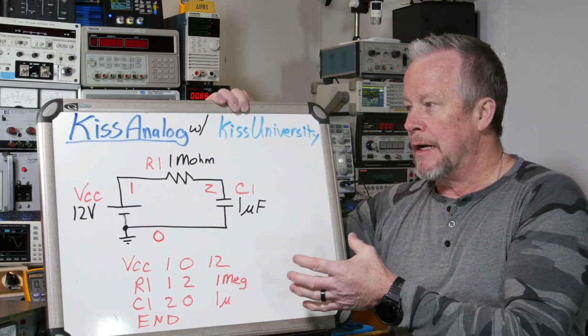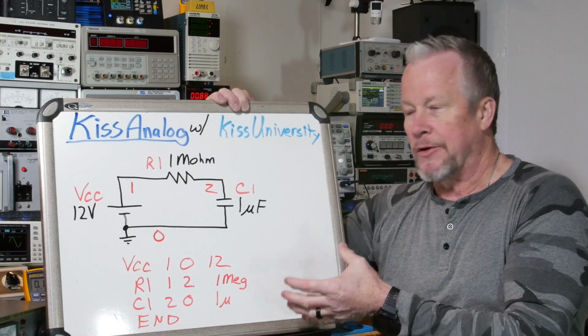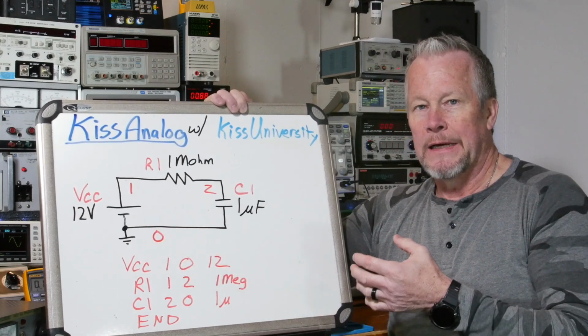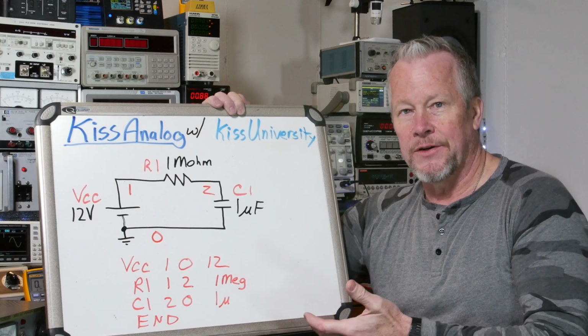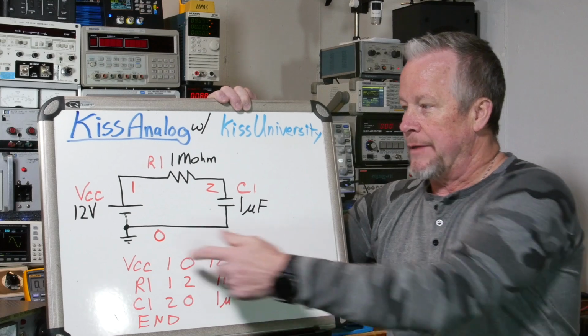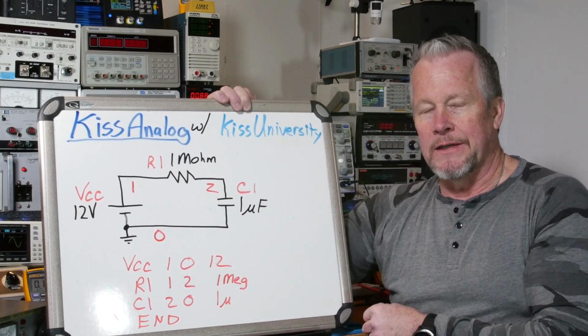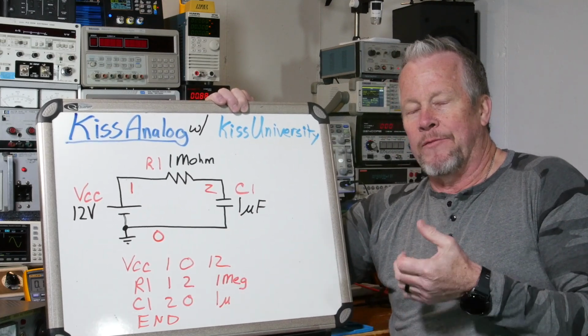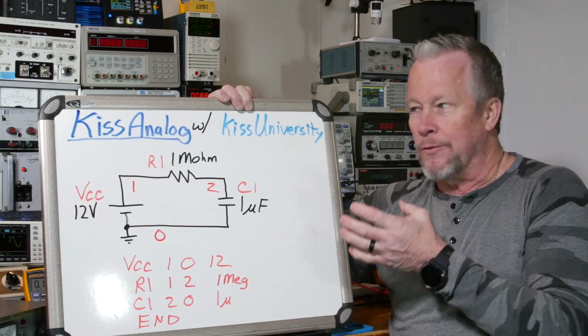So when you put a schematic into, say, MicroCap, if you don't put a ground symbol in there, it's going to have a problem, and it's going to tell you right away. It's going to say, hey, I don't have a reference point. So you need to put that ground symbol somewhere in your circuit. Doesn't really matter where. It doesn't have to be truly ground wherever you think it is.